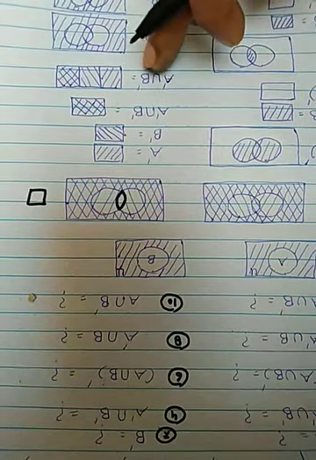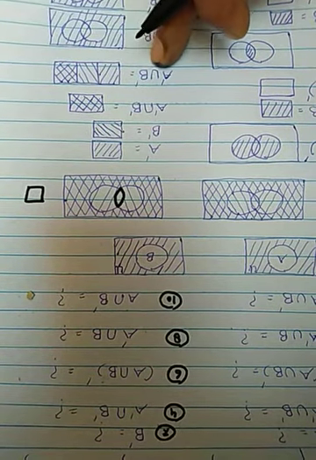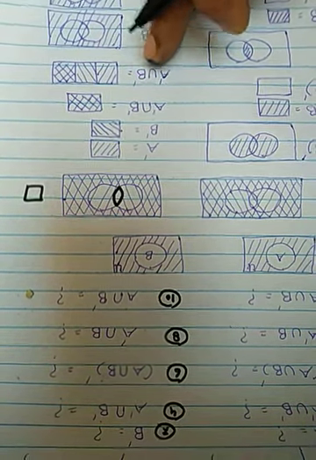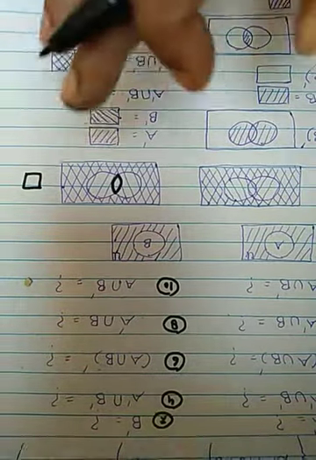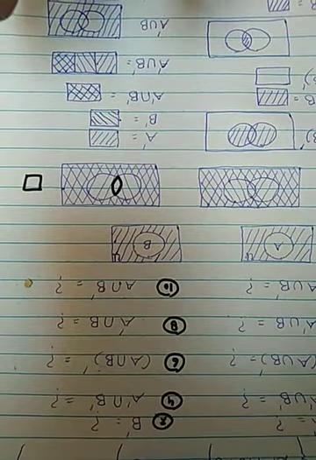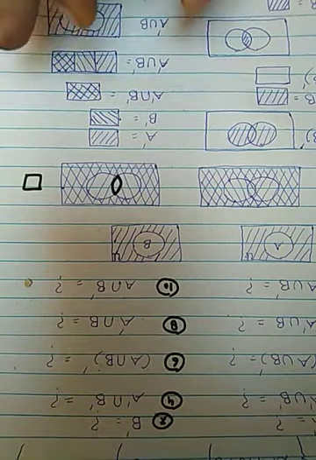And A complement union B complement. The union set contains all the members, common and uncommon. All members of A and B exist in the union set.